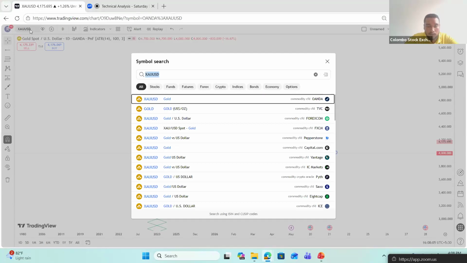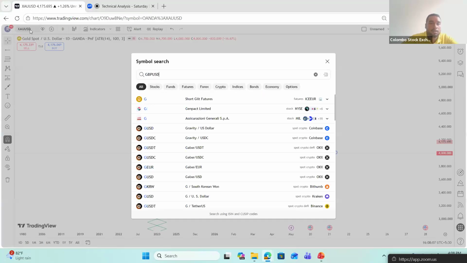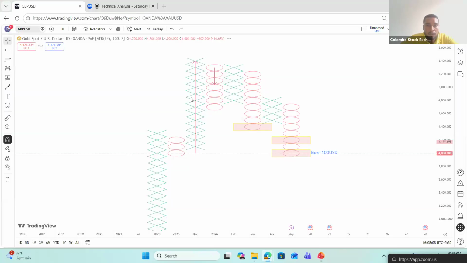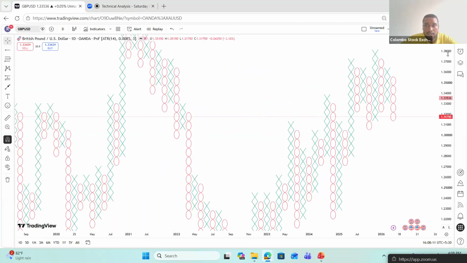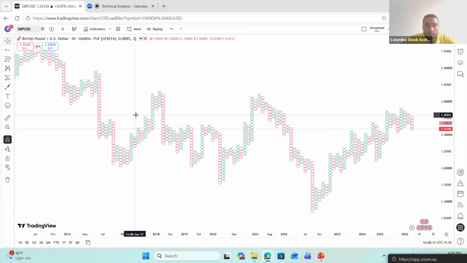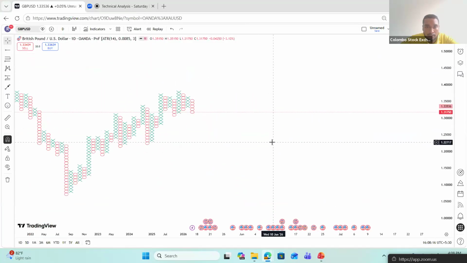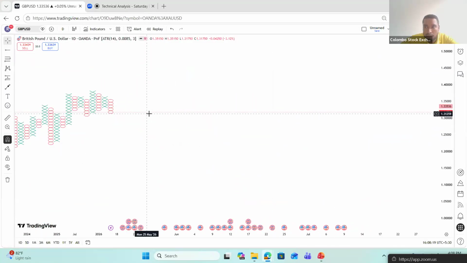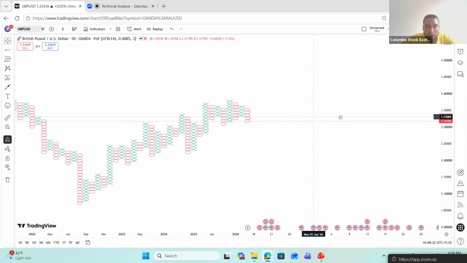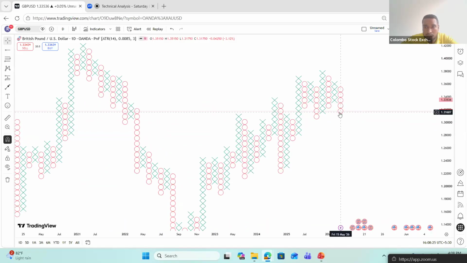I'll move to GBP USD because these are trading in the same range, so there should be a lot of price movements like this. The size of the boxes and the price range are the same.